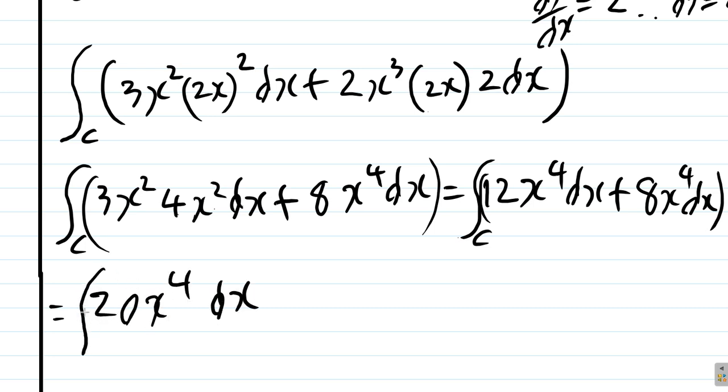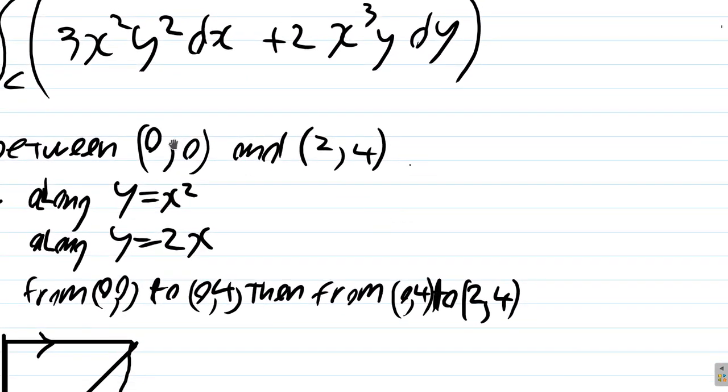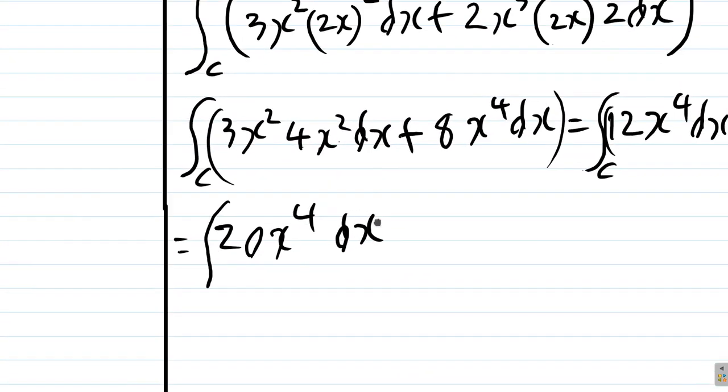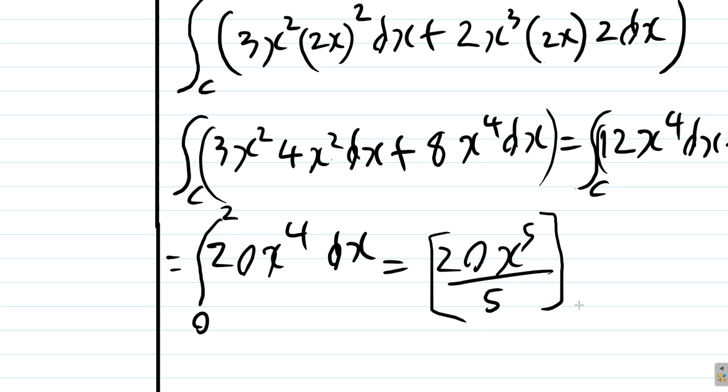We're integrating, but where are we integrating from and to what again? From x equals 0 to x equals 2. So we're going from 0 to 2 of this. So this is 20, oh my, it's 20 x to the 5th over 5 from 0 to 2.